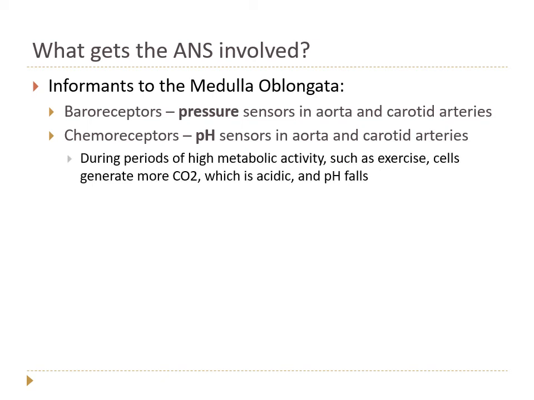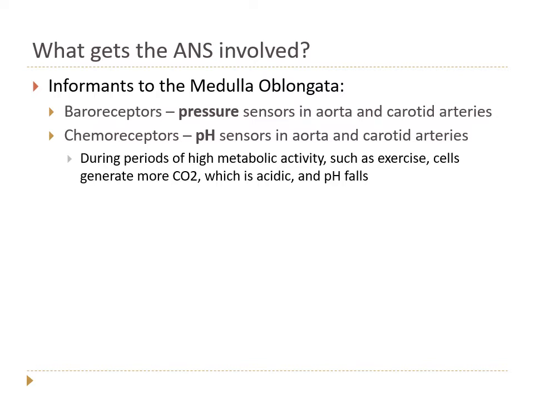So if you're really active, right, and you need lots of ATP, you're doing lots of aerobic cellular respiration, which you might remember not only requires oxygen, glucose, and mitochondria to do the work, but also generates carbon dioxide as a waste product. Carbon dioxide is acidic.